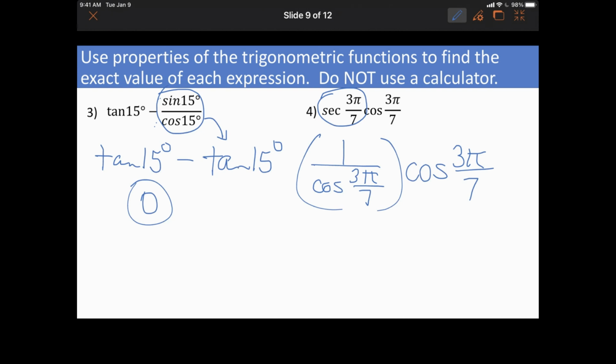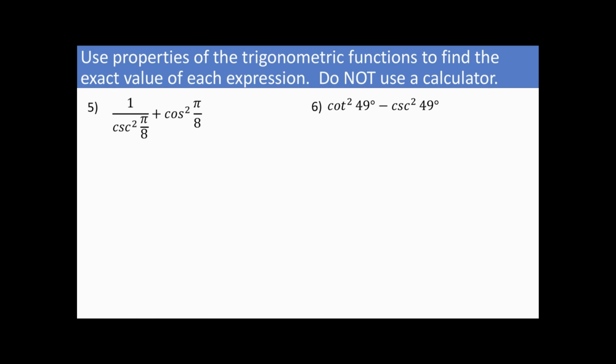This is a numerator, that's a denominator, so they both simplify to 1. My answer for this one is 1. I like using the properties because it is satisfying at the end. You start with something big, and you get something small.